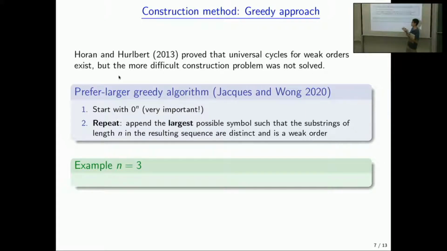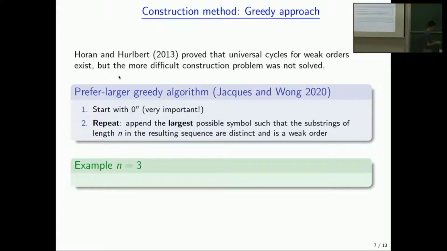Every time, we try to append the largest possible value such that the resulting word is a weak order, and the resulting word has not appeared before. You just keep doing that, and eventually you will generate the preferred larger sequence for the weak order, which is a pretty simple, intuitive algorithm, but it works pretty nicely.